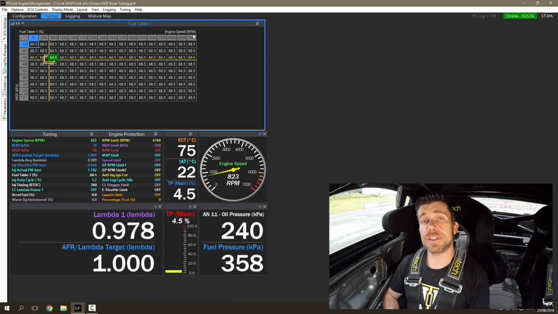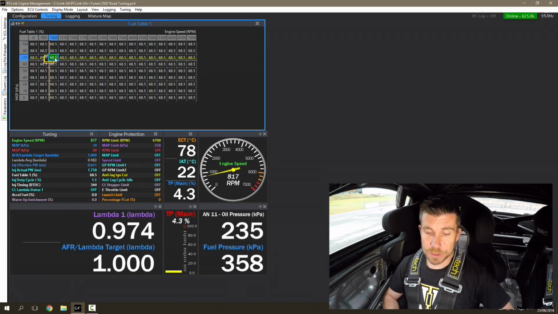So what we're going to do is make some changes to this table now. We're going to make this in two ways. First of all, we're going to deal with changing the values in the fuel table as we change the load or manifold gauge pressure, and then we're going to look at doing exactly the same in regards to engine RPM.